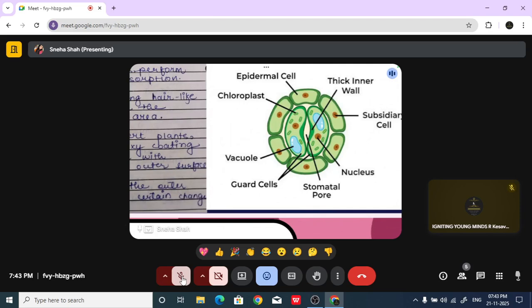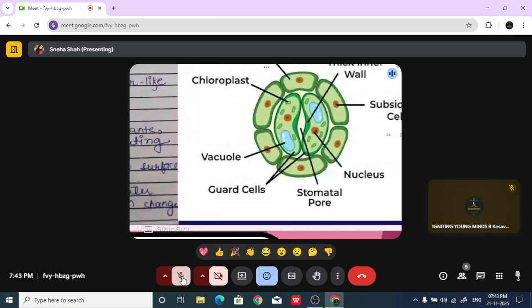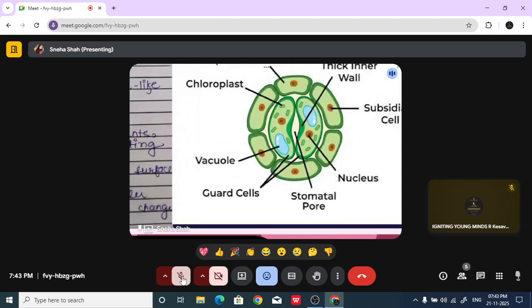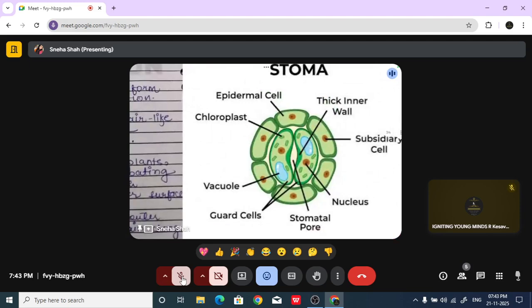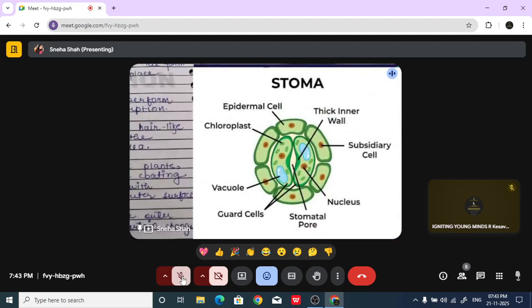So during daytime, the plants give out oxygen and take in carbon dioxide. This happens through contraction and relaxation of guard cells, as you can see here. This is a complete plant cell in which you can see chloroplast, you can see epidermal cell, you can see the inner thick wall.